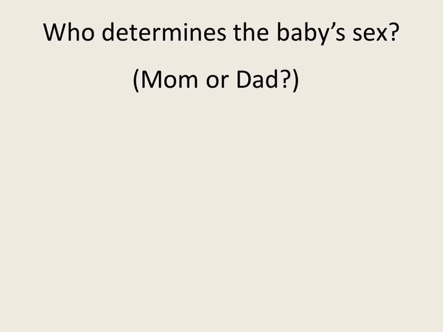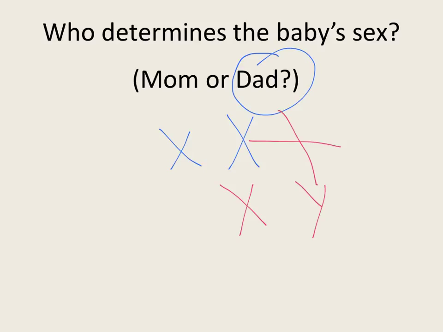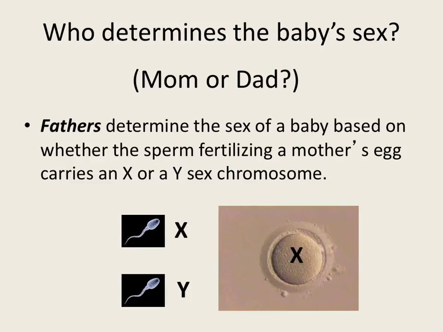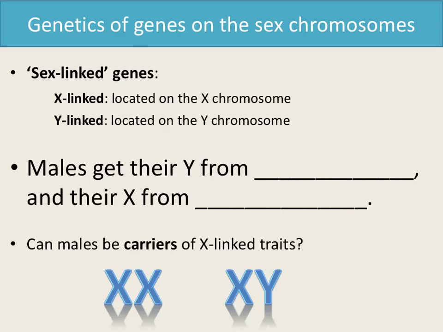Well, this is simple. What determines the baby's sex? Mom or dad? Question? Dad. He either donates an X with the mom, or he donates a Y. XX, female, XY, male. Okay. These are sex-linked genes. X-linked located on the X chromosome, Y-linked located on the Y chromosome.